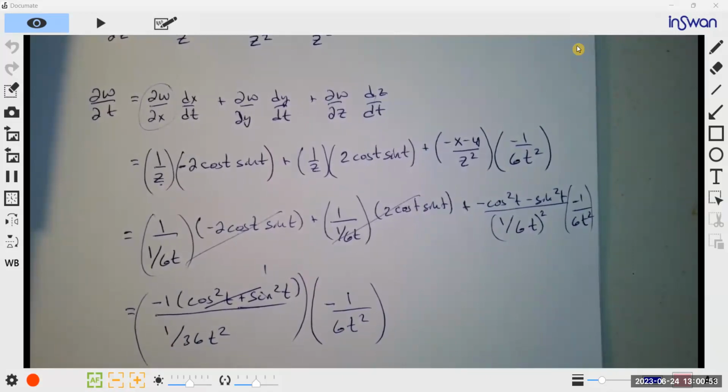So it's negative 36t squared. Negative 1 over 6t squared. The negatives cancel. Sixes cancel.